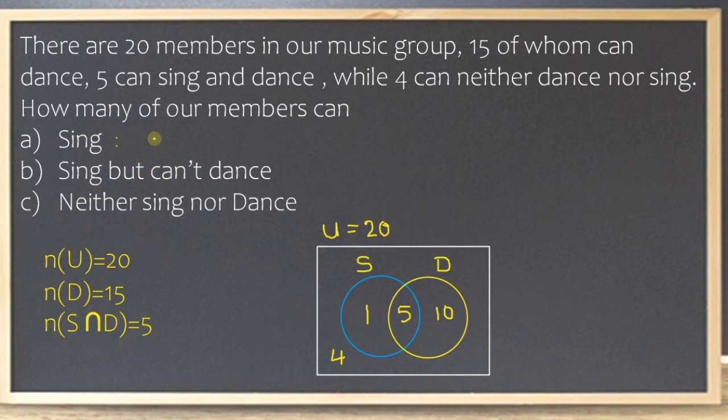So the total number of members in the set of singing will be equal to 1 plus 5, which is 6. So we have 6 members in the set of singing.